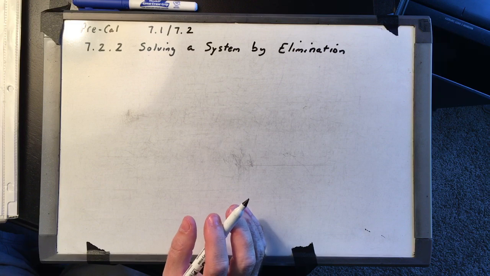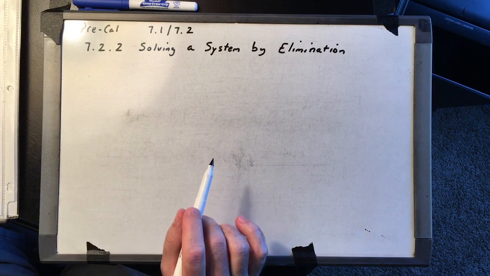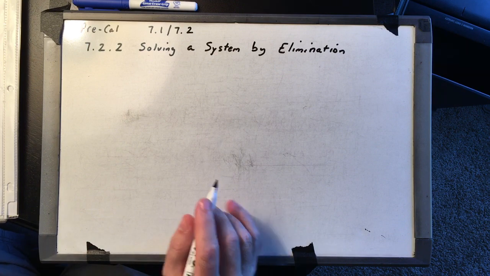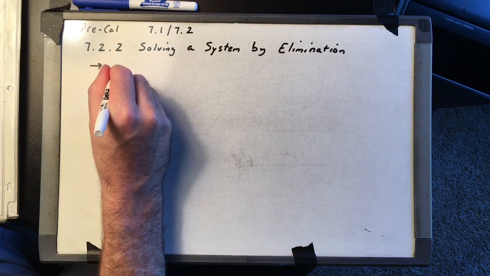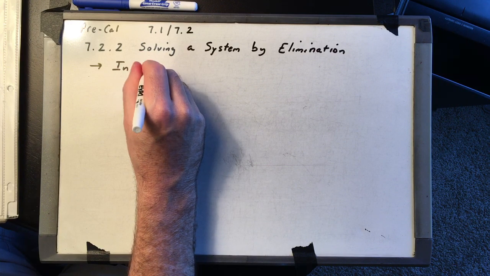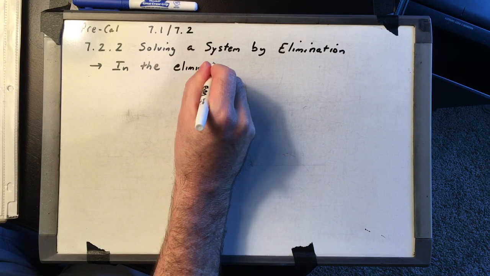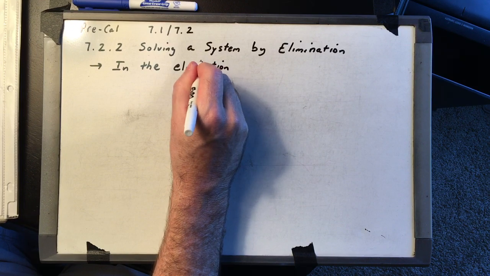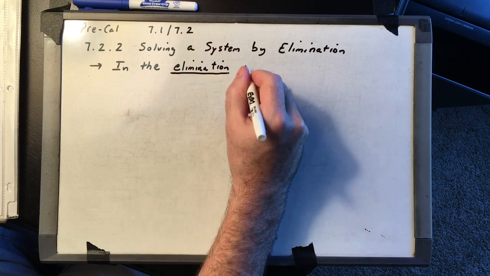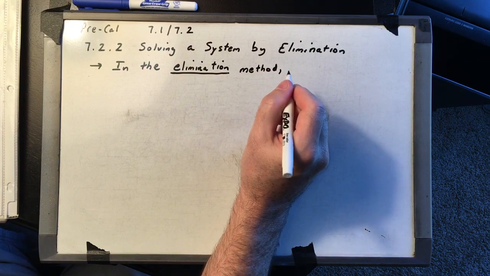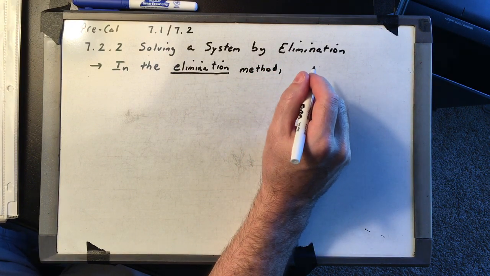This chapter, chapter 7, spends most of its time working with matrices, so this is kind of an introduction to that. So in elimination, you start by manipulating the equations.